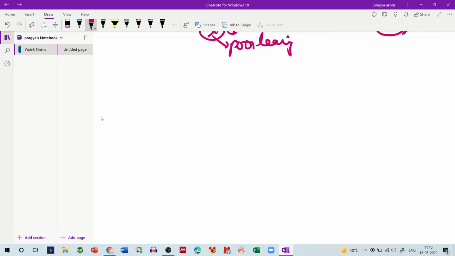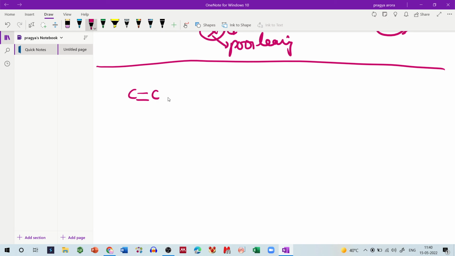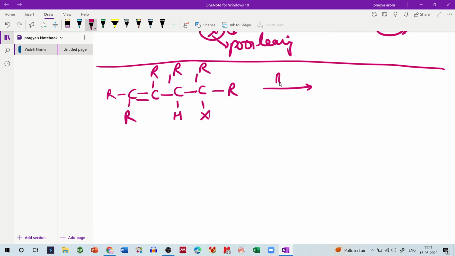So let us take one more example. Let's say you have this C double bond O, C, CH, and CX over here, with R groups. What will happen if a nucleophilic base is there?